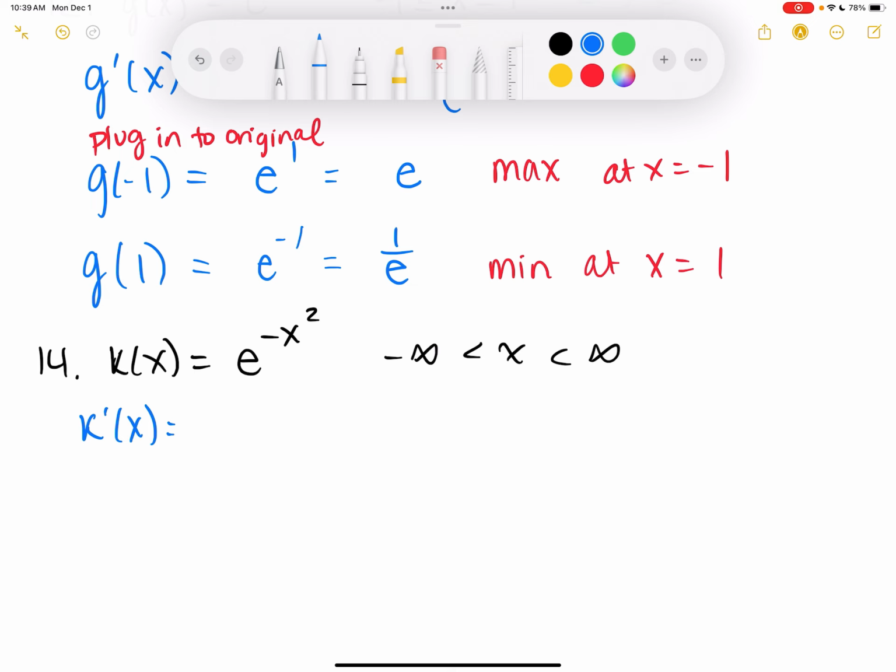Negative 2x e to the negative x squared. Yep. And then over here on the side, I'm going to do the second derivative of that. So what about the second derivative here? Because now I've essentially got a product rule with my chain rule.